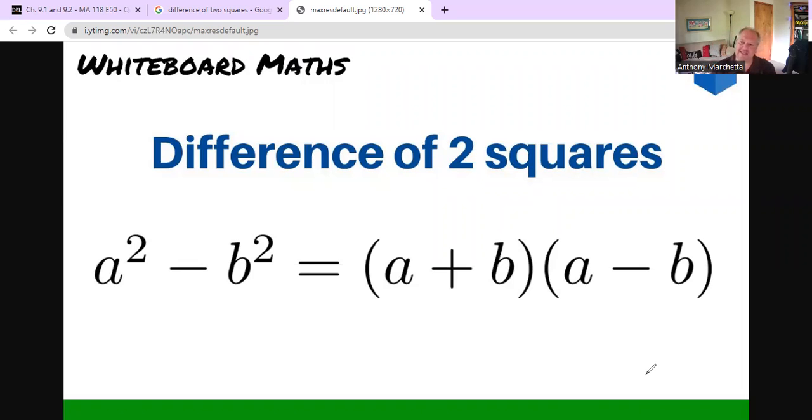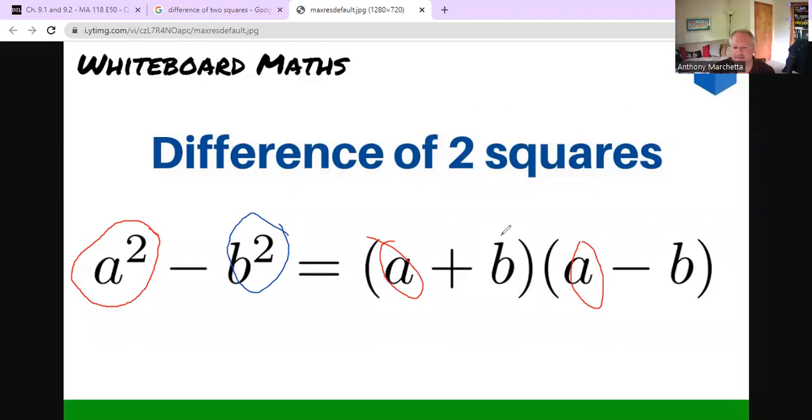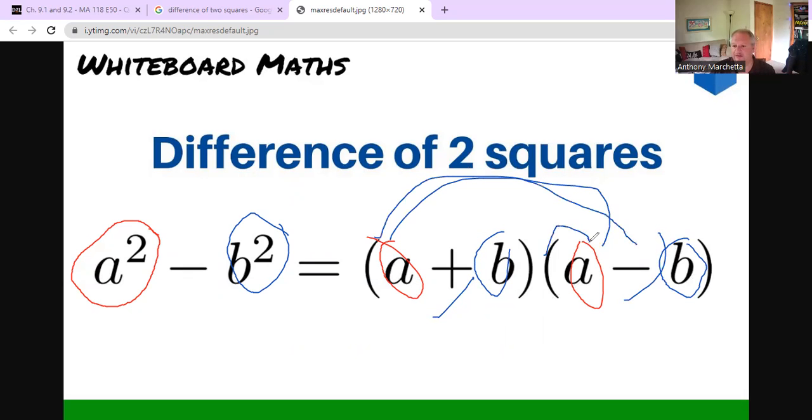Or even anything even, like y to the 10th is a perfect square. It would be y to the 5th. Basically what you do is you root each of them. You root this one, whatever it is. If it was 9, make it 3 and 3. Likewise, you root this one, whatever it is, put that here and here. And then don't forget to do plus and minus, and you factored it. If you go back and do the FOIL method, remember FOIL, where you go first, outer, inner, last, it'll boil down to a squared minus b squared, okay?